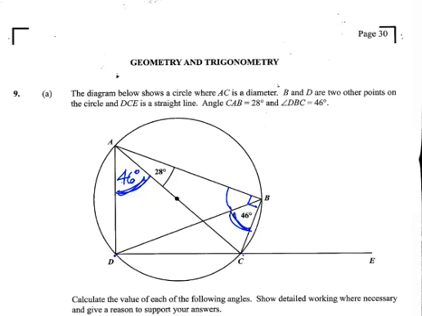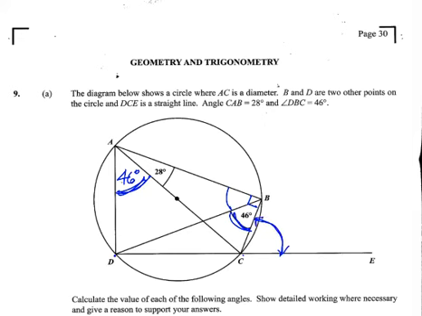Next, we're asked to determine the size of angle BCE. Angle BCE. So this angle here. We should determine the size of angle BCE. That's this angle here. All right. Now this angle here that we want to find.